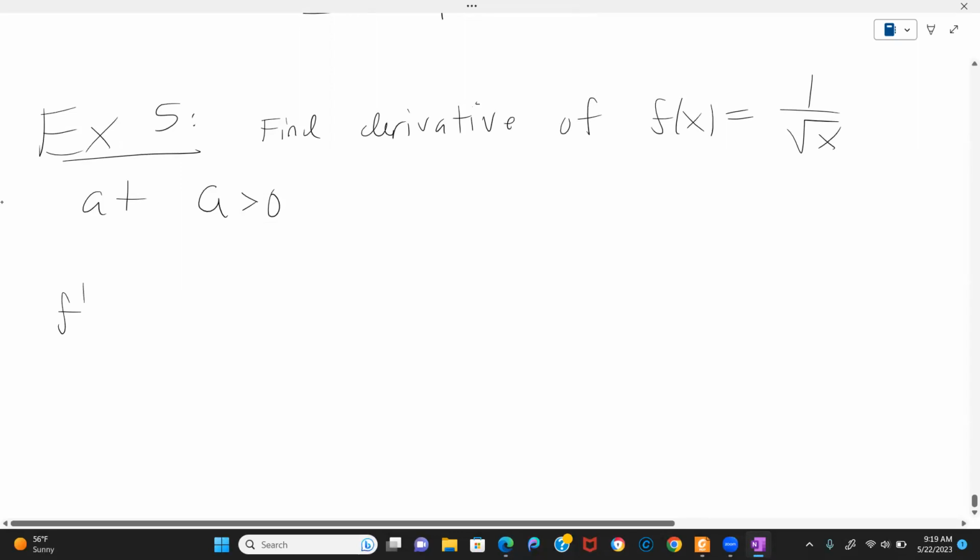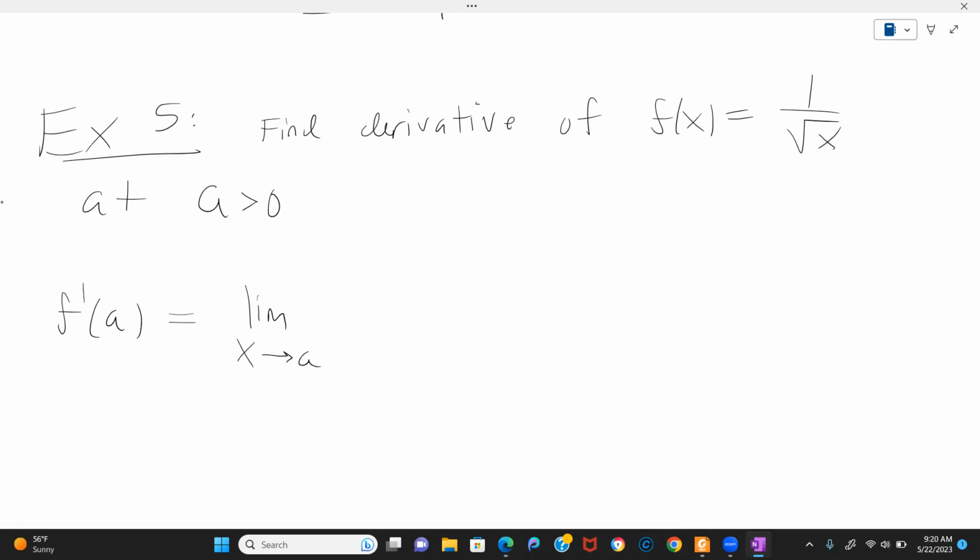We're going to use definition 5, or equation 5. By definition, this is going to be the limit as x goes to a. So I'm not using the h parameter version. I'm using the other definition of the derivative.